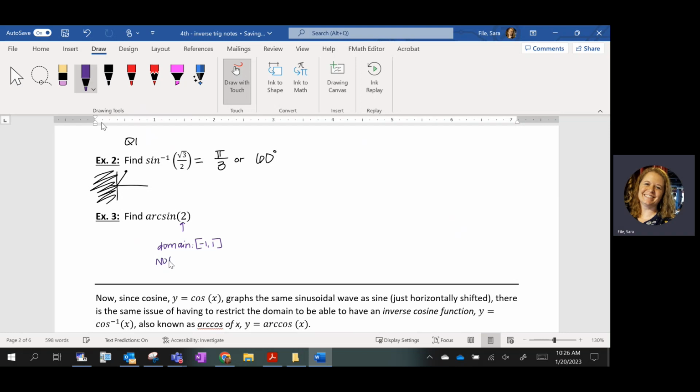So that's not in the domain. So that means there is no solution, or you may write that as DNE, which means does not exist. Good?